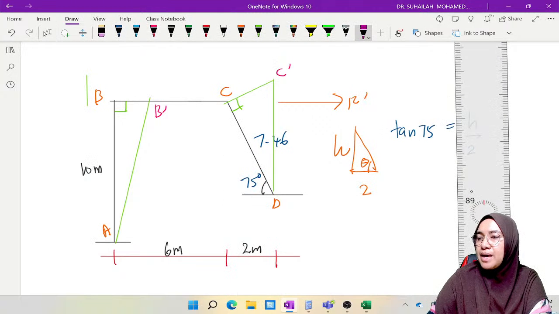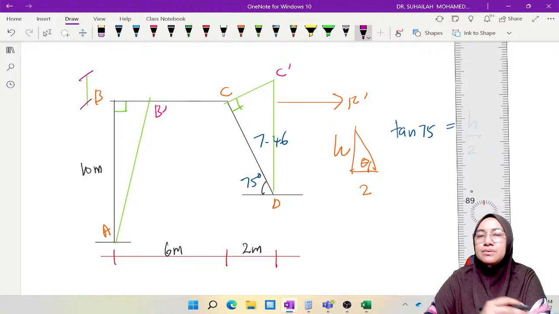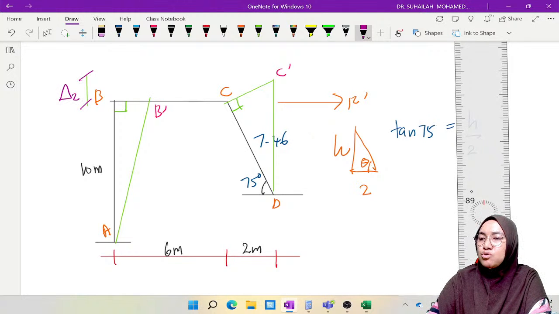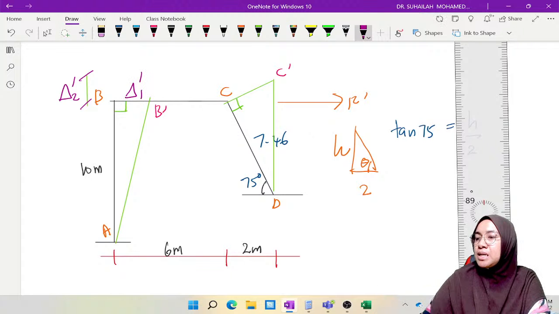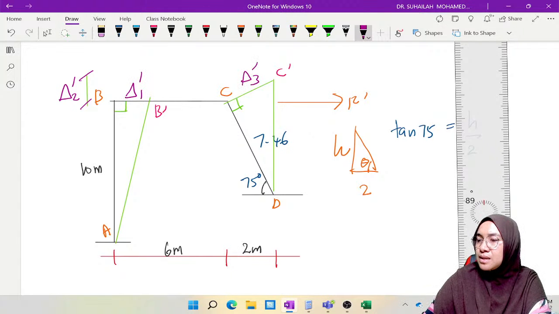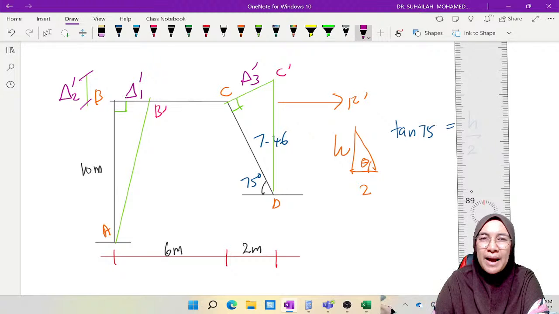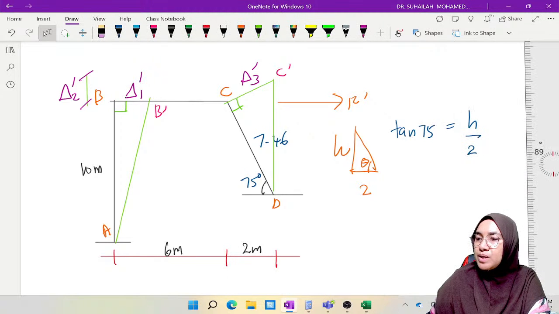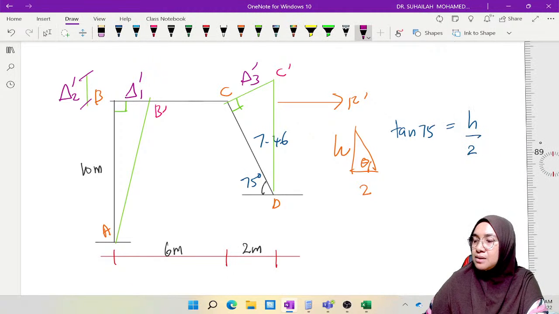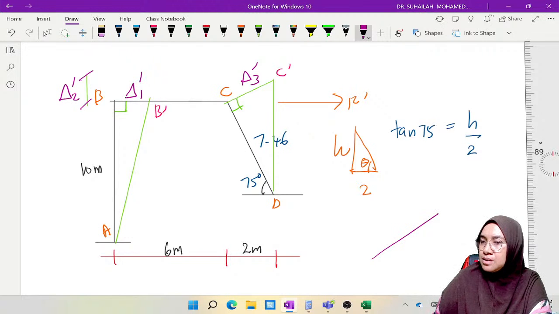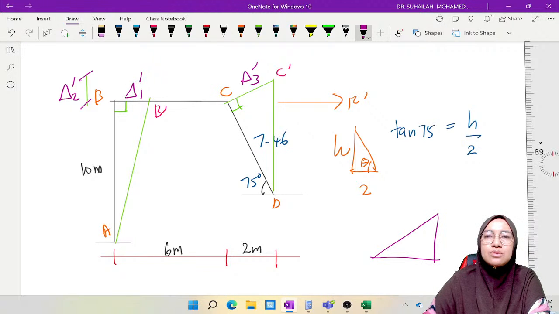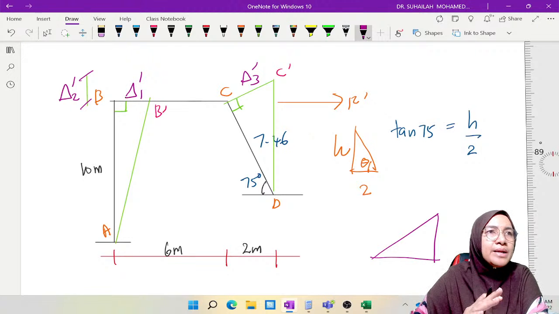So we get this as delta 2 prime. This one is delta 1 prime. This one is delta 3 prime. So when we combine these three, delta 1, delta 2 and delta 3, what do we get? This is delta 3, this is delta 1, this is delta 2.